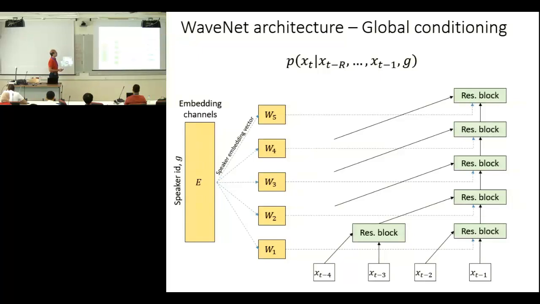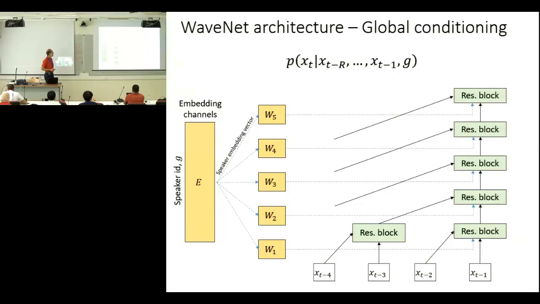If we use this one without conditioning, the result will be a babbling noise. I will play you some samples later on. If we want to encode a speaker, the identity of a speaker, we may use speaker embedding. Speaker embedding is just a matrix with randomly initialized rows, and the speaker ID is just the number 1, 2, 3, 4, 5 up to the number of speakers.